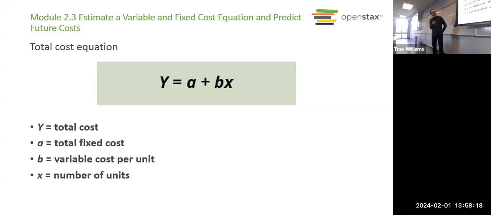The textbook says Y, which represents total costs, equals A, which is fixed costs, plus B, which is variable cost per unit, times X, which is the number of units. Okay? So the total cost equals the fixed cost plus the variable cost per unit times the number of units. And that makes sense, right?